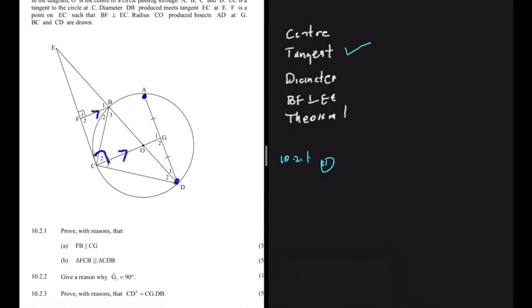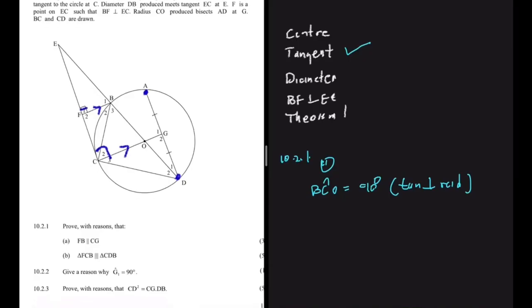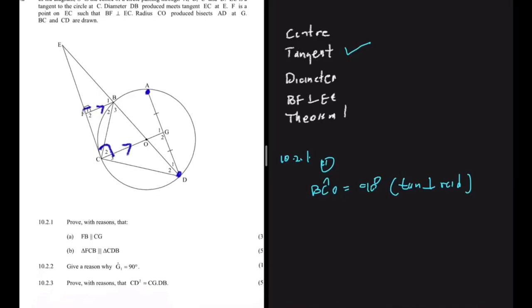So we can say that angle BCO is equal to 90 degrees. And why are we saying so? We know that the tangent is perpendicular to the radius. But then we are given that F1 is equal to 90 degrees, right here.